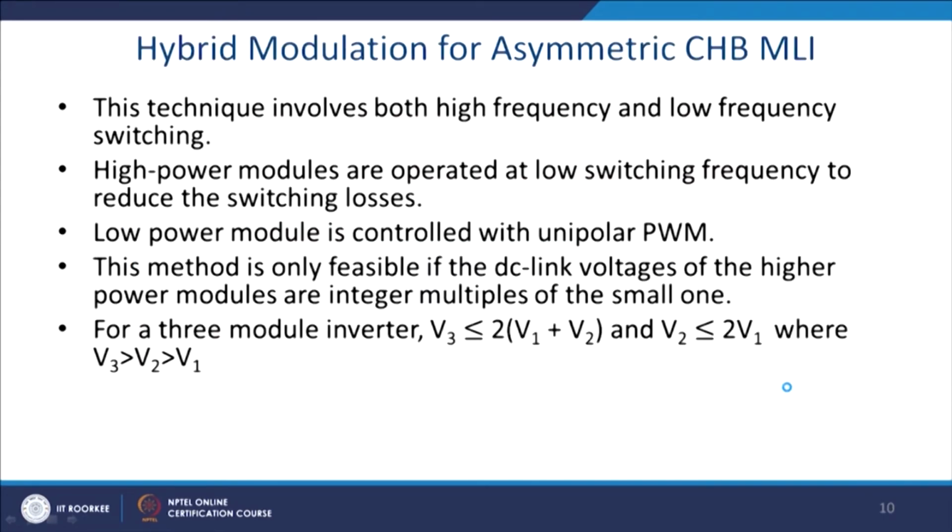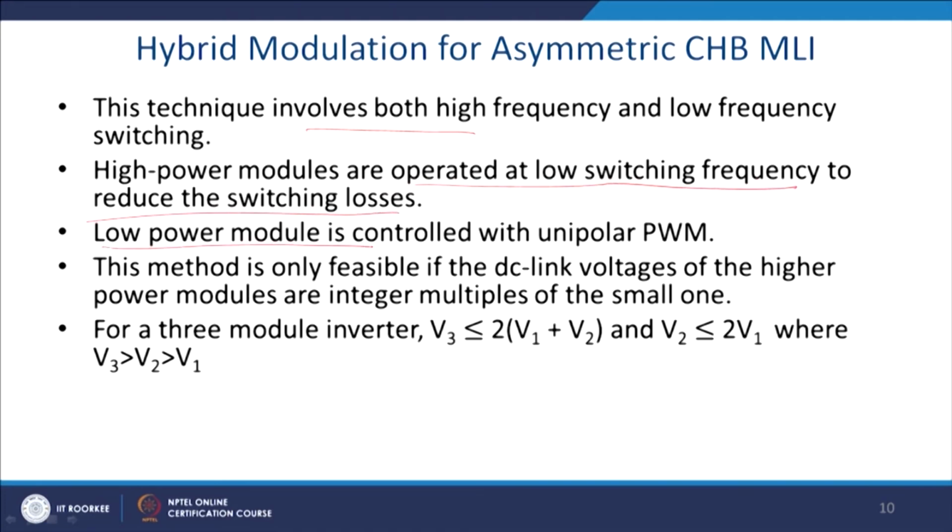So, what we can conclude from the hybrid modulation asymmetric multi-level inverter is that this technique involves both high frequency and low frequency switching. The power modules are operated at a low frequency to reduce the switching losses.